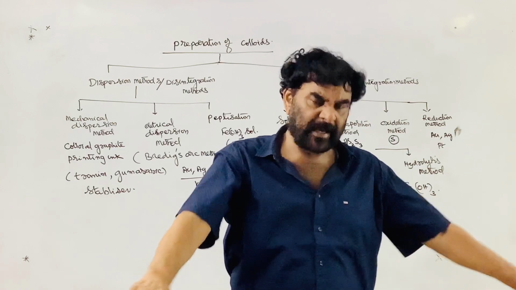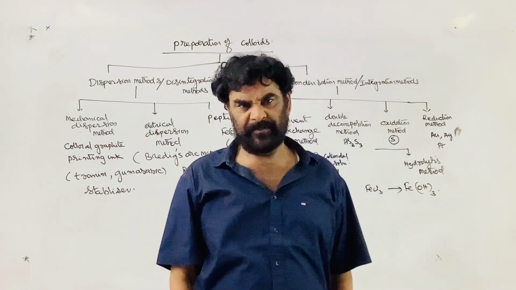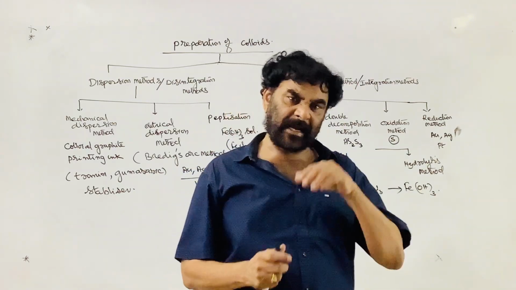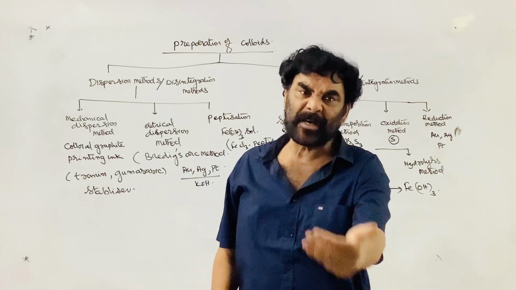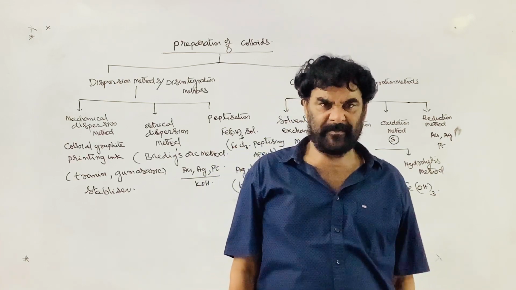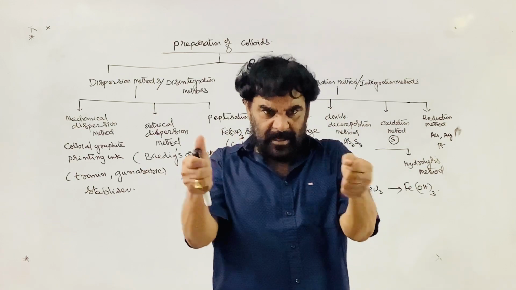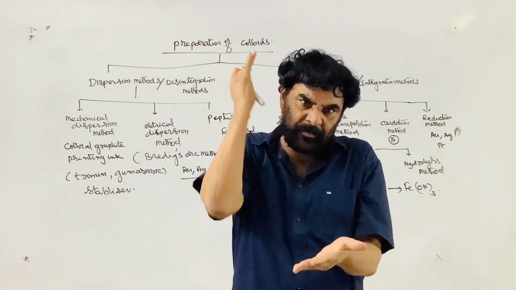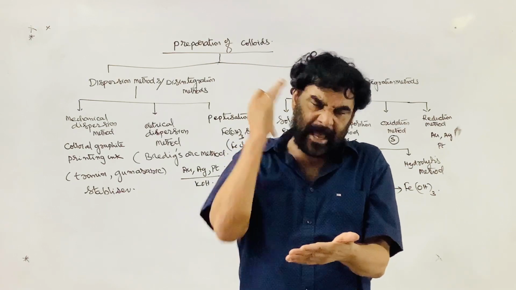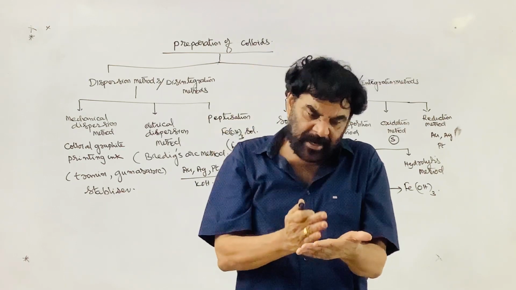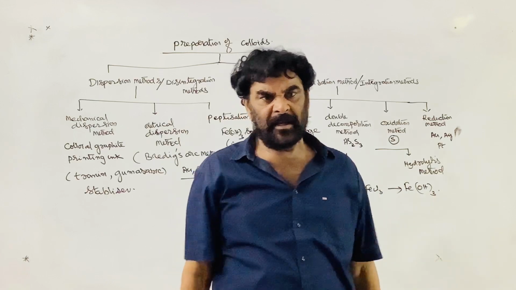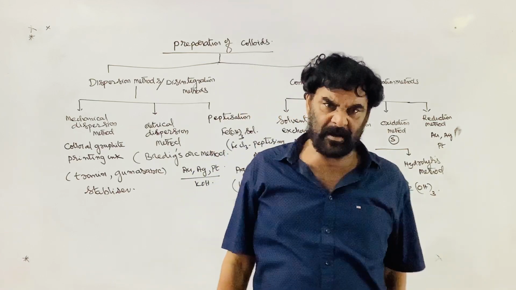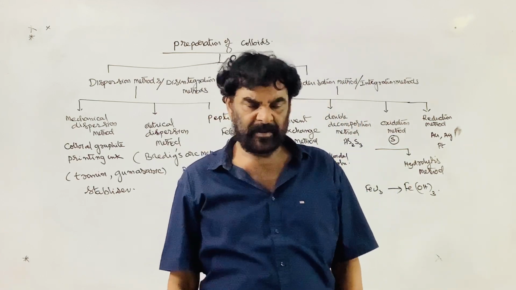This is called the dispersion method. The bigger particles of the dispersed phase are available, and we break them using mechanical action or any other means, converting them into particles of colloidal size.